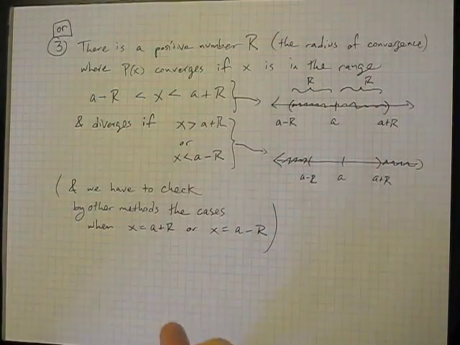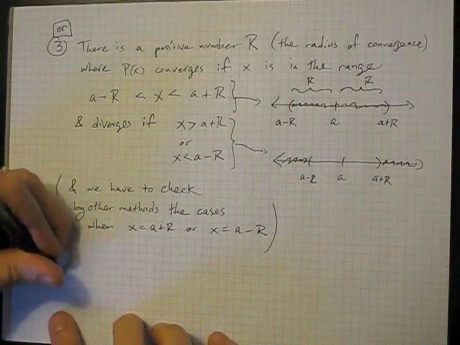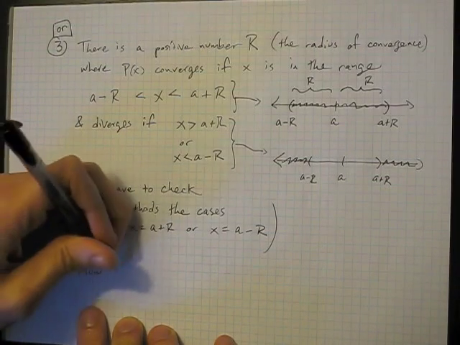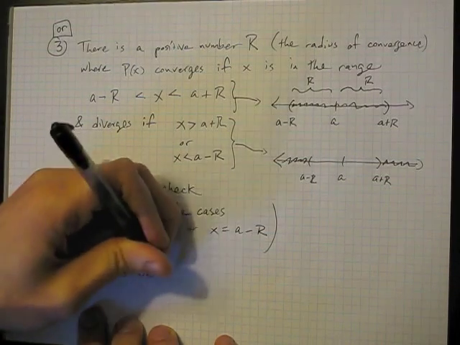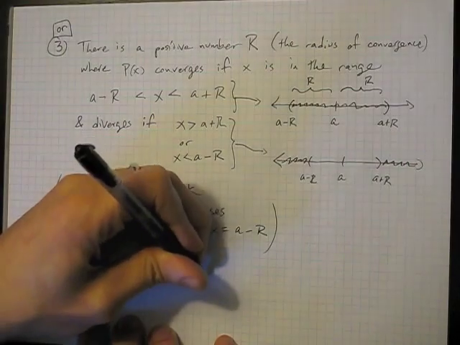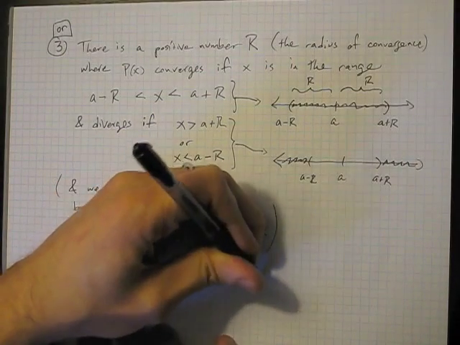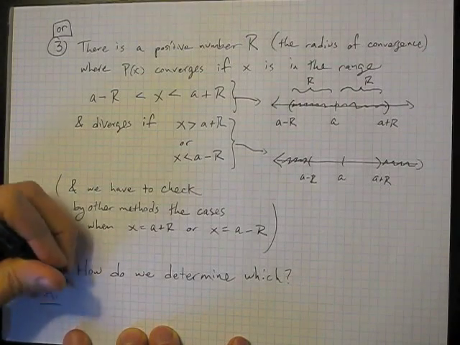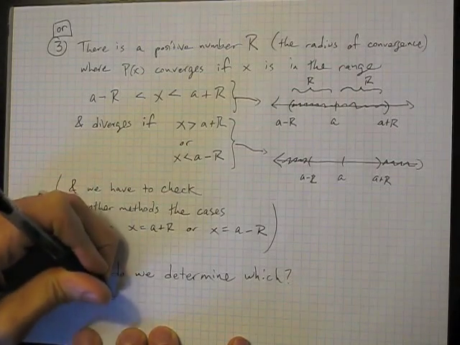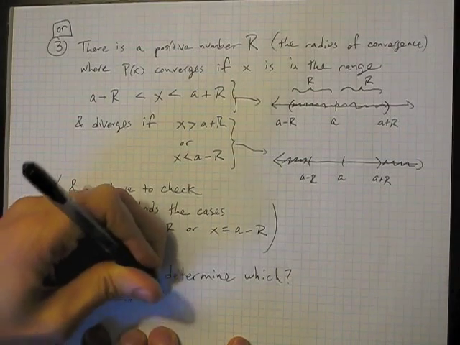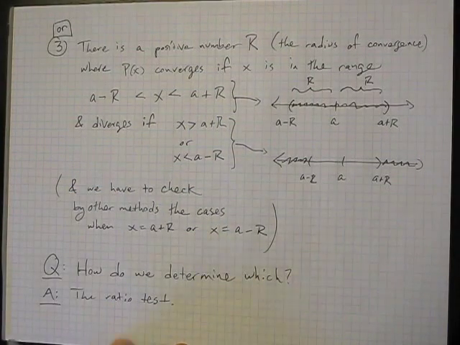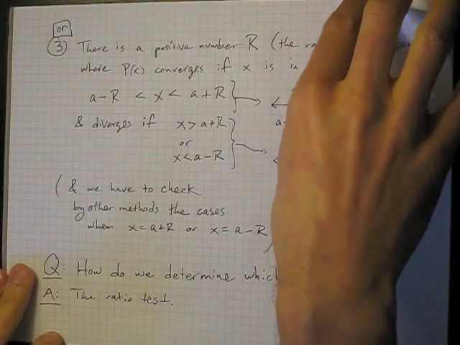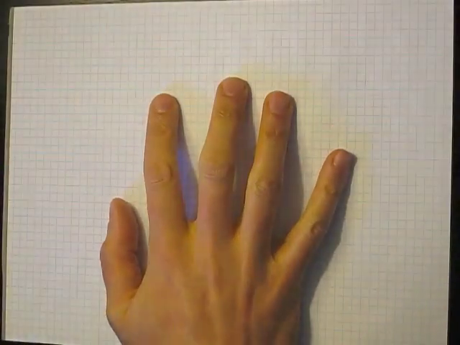So how do we determine which? And the answer is the ratio test. Okay, so we're going to go through some examples right now to figure this out. So let's look at some examples here.